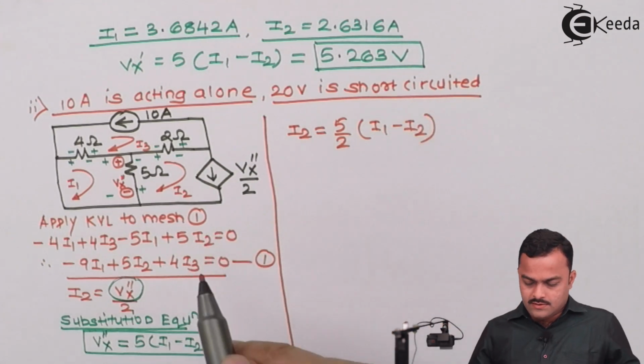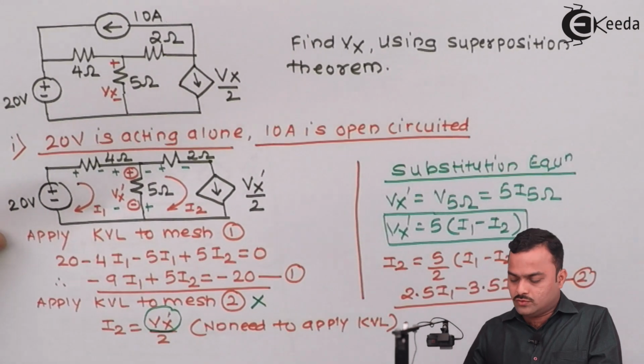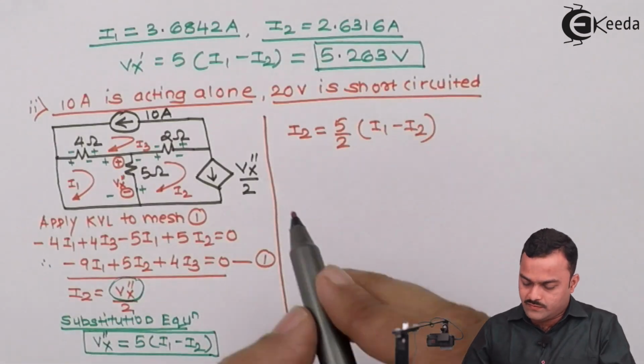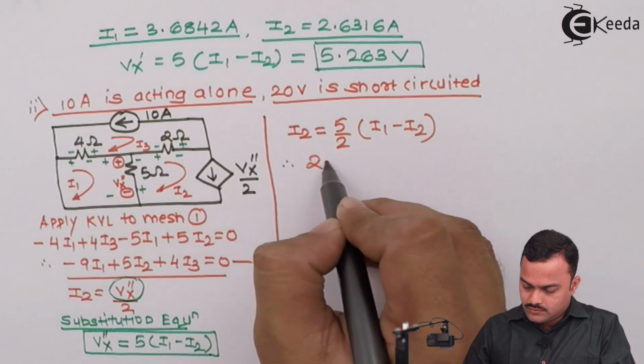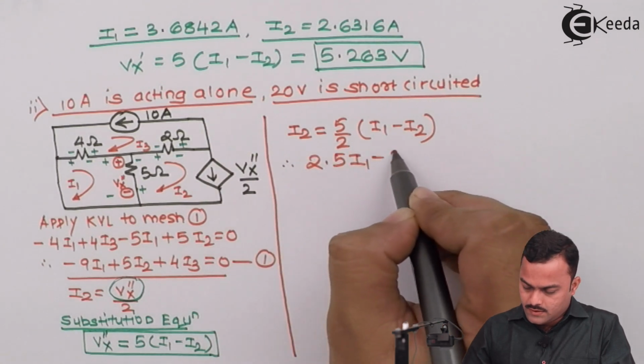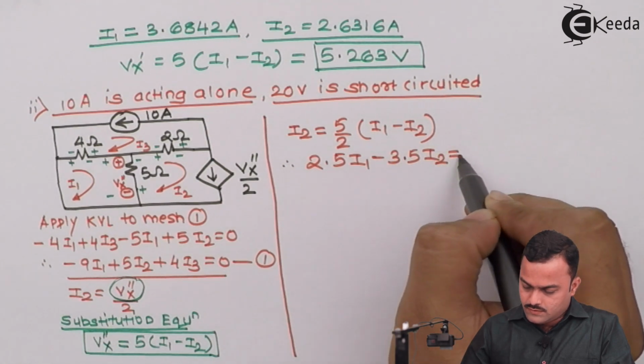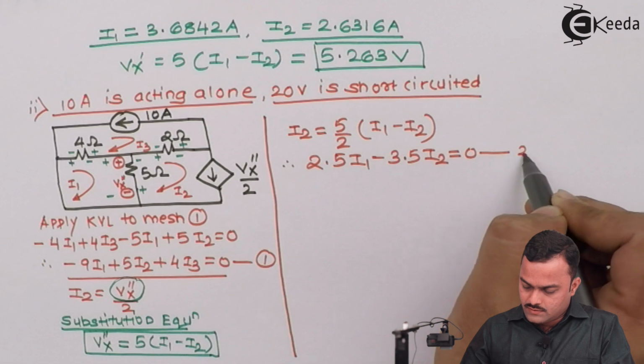This implies whatever the equation we got in the previous case as equation number 2, absolutely the same equation we will get over here. So it's 2.5 I1 minus 3.5 I2 equal to 0 as equation number 2.